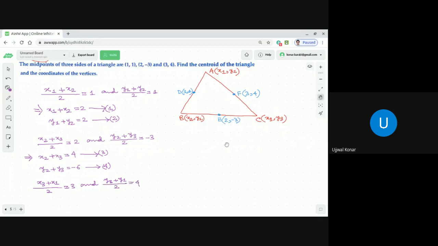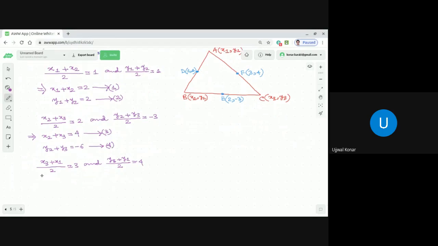So what we get, dear students, from here? x3 plus x1 is equal to 6, that we give equation number 5, and y3 plus y1 is equal to 8, equation number 6. And what is our target, dear students? Our target is to find the value of x1, y1, x2, y2, x3, y3 from these 6 equations.